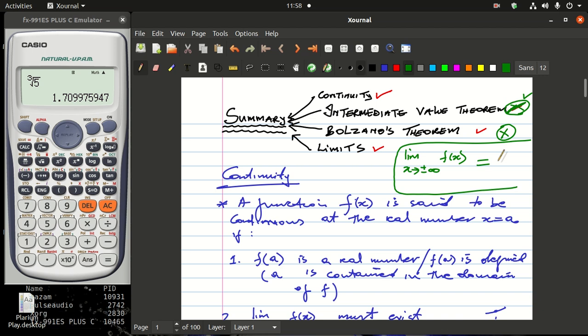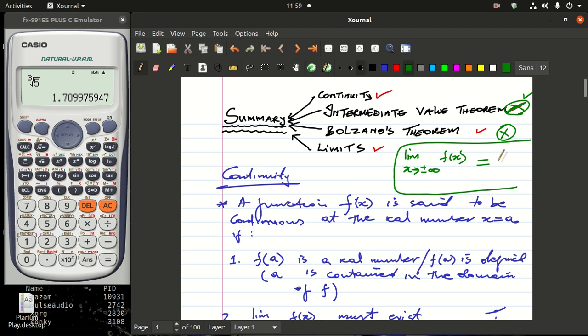Remember the main goal of this course: we want you to be able to analyze the whole curve, or if you are given a curve, can you give us more information on that curve? Or if you are given a function, can you give us all the important points that we can talk about in that function?